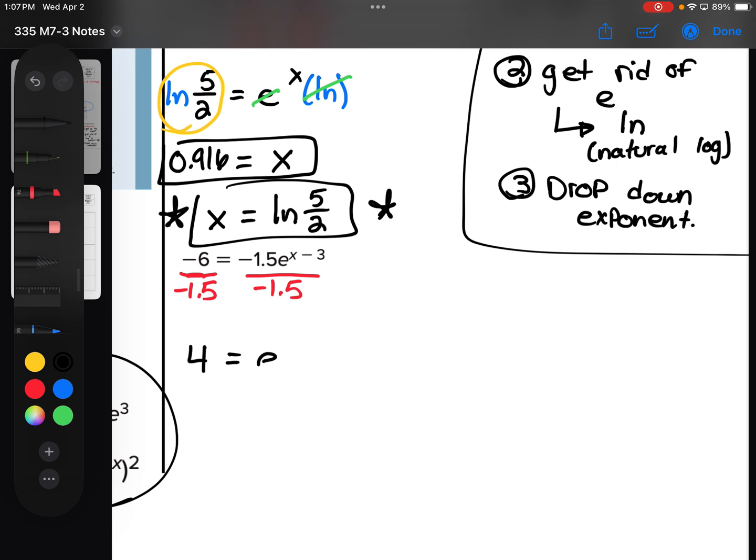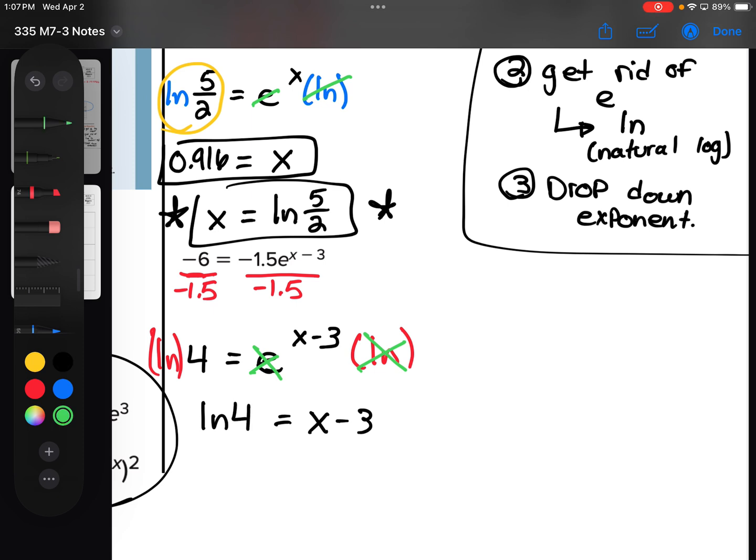And then this is just left with e to the power of x minus 3. Okay, and if you remember, to get rid of e, you do what's called the ln, or the natural log, to both sides. Okay, that's going to get rid of your e. Boom. And then you're just left with x minus 3 is equal to the natural log of 4.